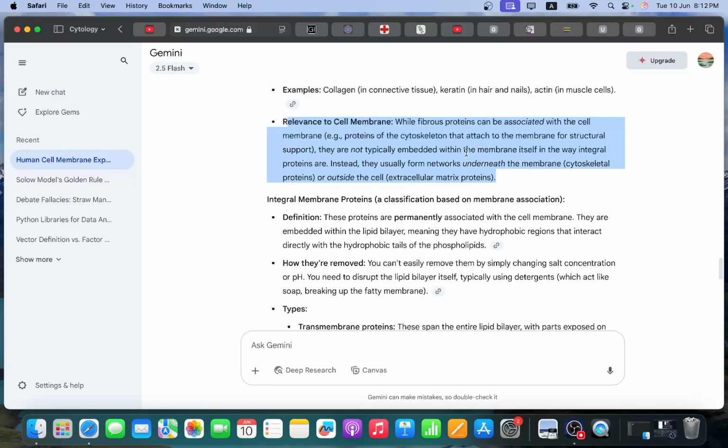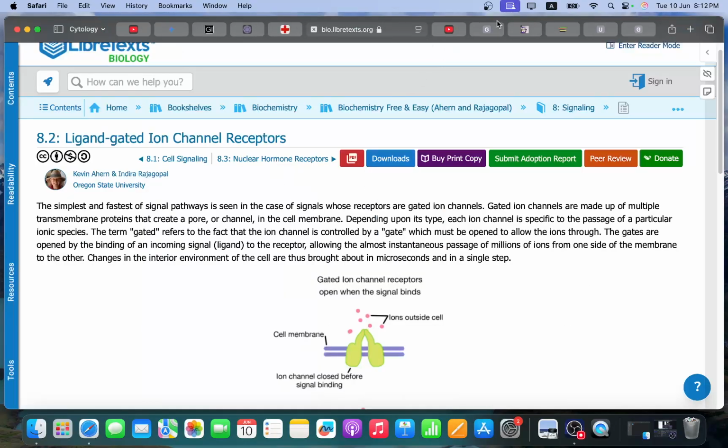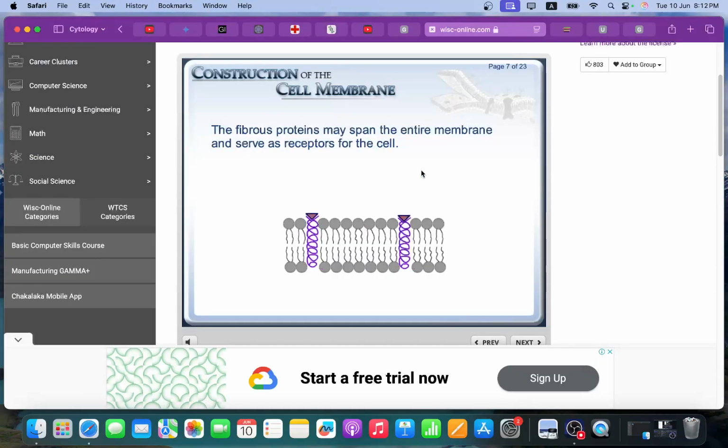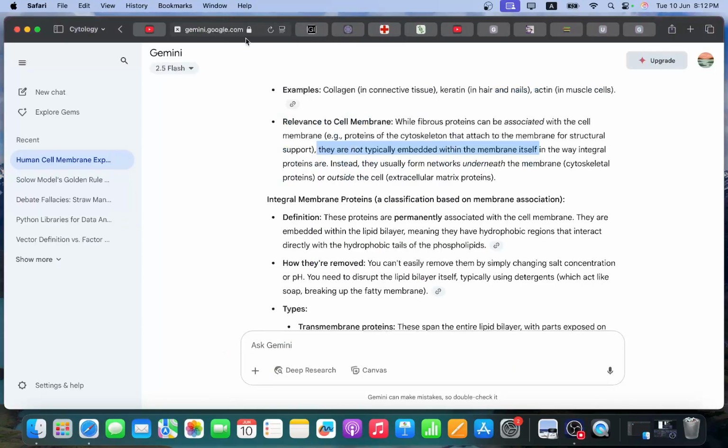Relevance to cell membrane: while fibrous proteins can be associated with the cell membrane, like proteins of the cytoskeleton that attach to the membrane for structural support, they are not typically embedded within the membrane itself. Okay, I thought they were though. I thought this one kind of shows that fibrous proteins are embedded within the cell structure. But we are not going to quarrel about that. We are just going to move on.